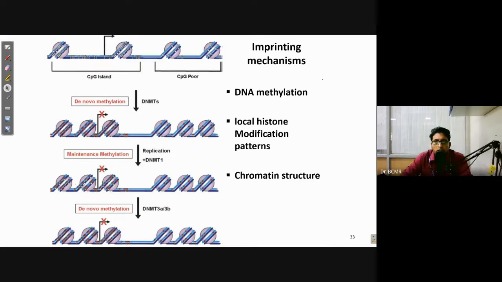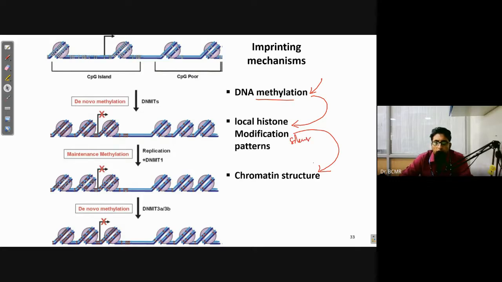We know that DNA methylation can induce local histone modification, and that local modifications can change chromatin structure, right? We have seen that DNA methylation attracts some proteins which will attract other proteins that can modify the histone tails, mostly methylation and deacetylation, because of which it becomes silent.